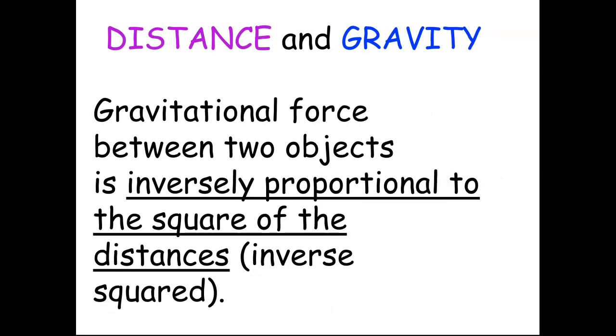Distance isn't quite as straightforward, but for us, all we need to know is that as distance decreases, gravity increases. As distance increases, gravity decreases. So it's inverse. So as distance goes up, gravity goes down. So if you want to think about this, the farther something gets away from Earth, the less Earth is pulling on it.